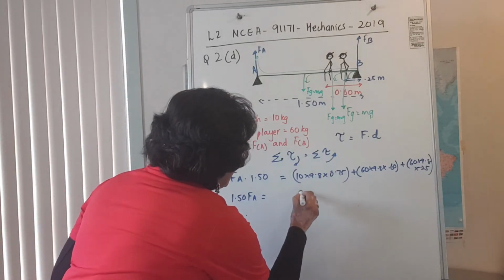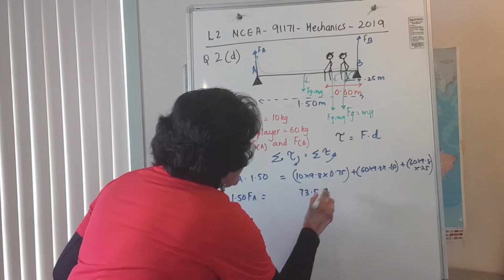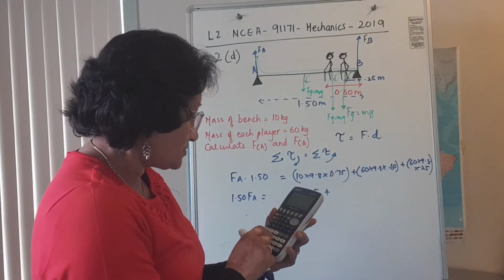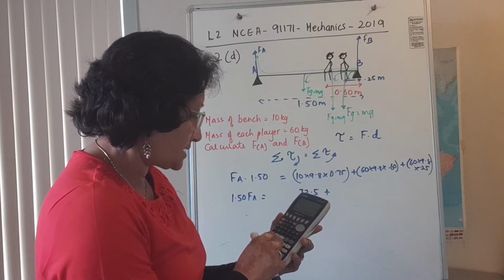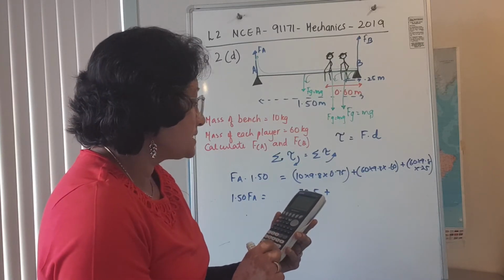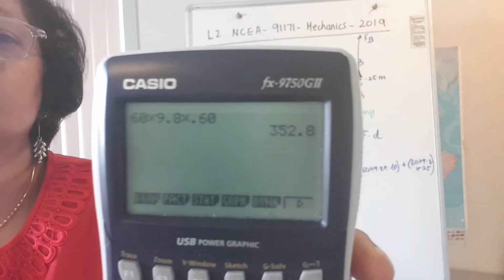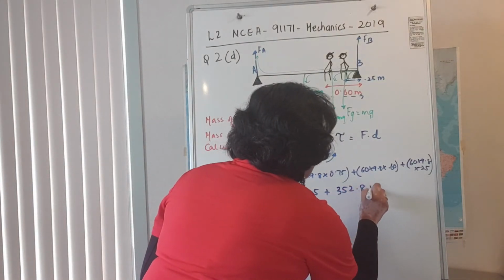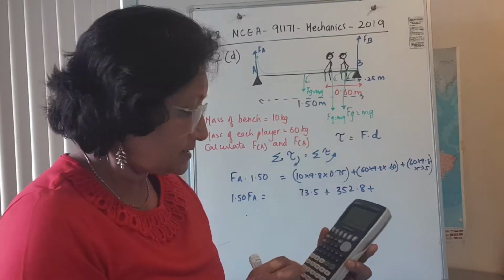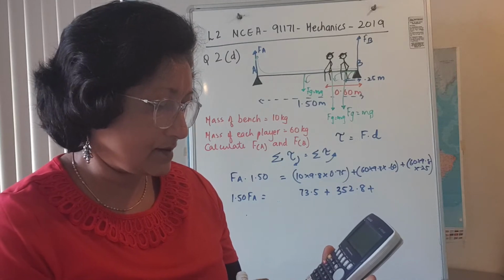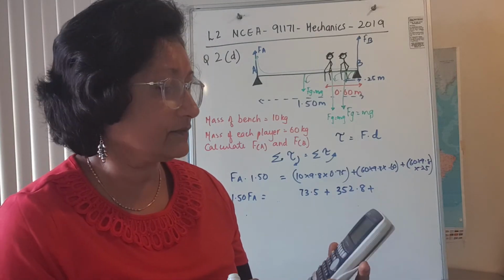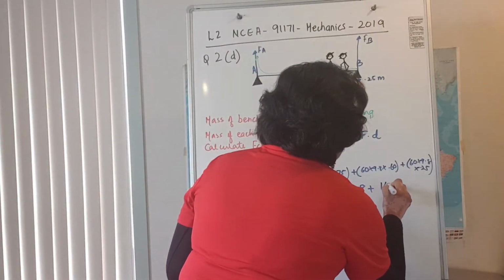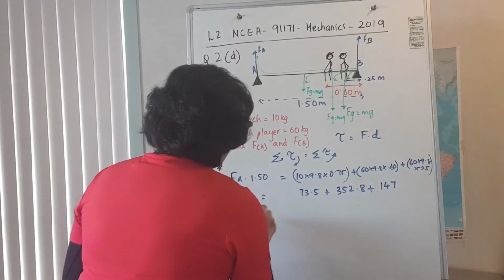So this whole thing becomes 73.5 plus 60 times 9.8 times 0.60, which equals 352.8. So I get 352.8 plus, and then the last one is 60 times 9.8 times 0.25, and I get 147. I'm going to add all these three up.